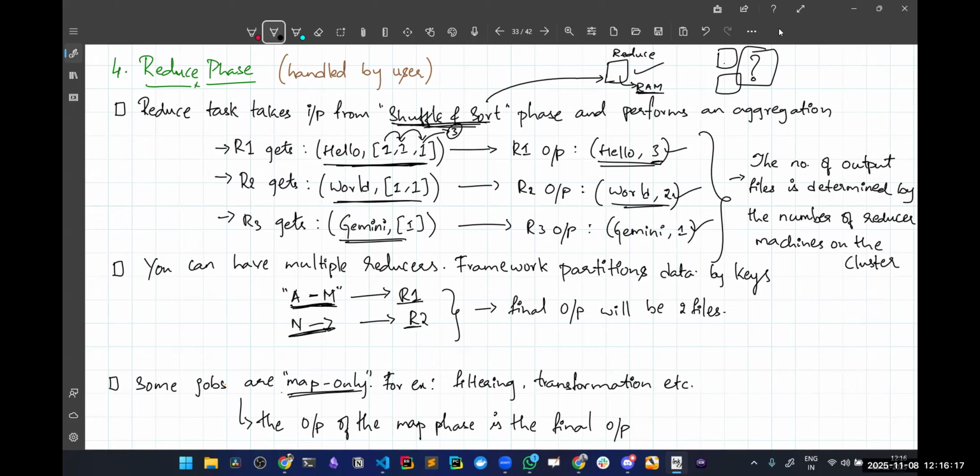This is my crude logic. The final output, instead of one file, since we have two reducers, will be two output files that will be outputted from the reducers.